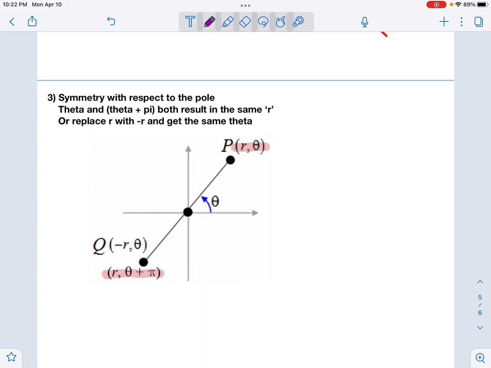Instead of replacing theta with pi plus theta, we could replace r with negative r. Because if you go to theta, you can get positive r or negative r, and that could work as well.